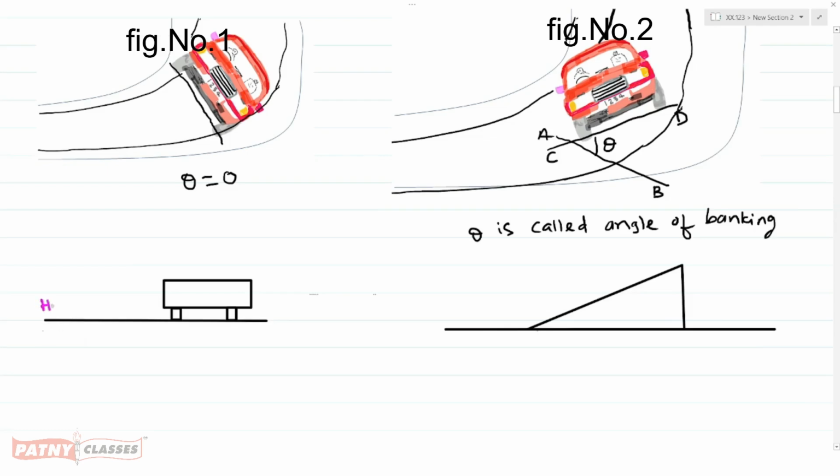This is the horizontal surface of the road, and even the vehicle is horizontal to the surface. But here the vehicle is not horizontal to the surface. We made the road purposely inclined, making some angle theta with the horizontal.